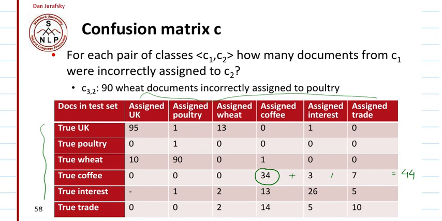So among 44 examples, the system has predicted 34 as true, but the system has predicted 3 coffee labels as interest labels and 7 coffee labels as trade labels. So these are actually coffee. What would we call these? These are false negative or false positive?